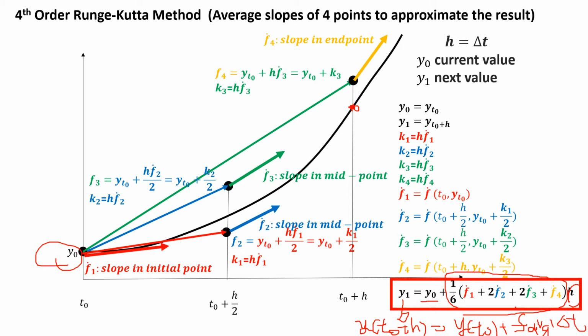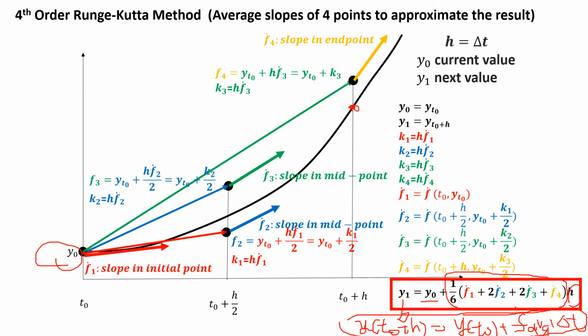Because I just replace delta t with h, and the slope here becomes f average, and the y0 is y(t0), y1 here I mean next point, so it will be y(t0 plus h).